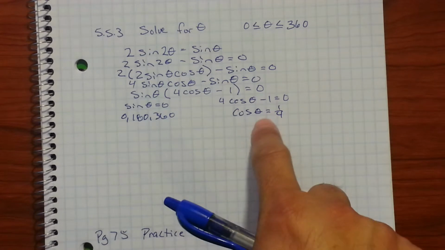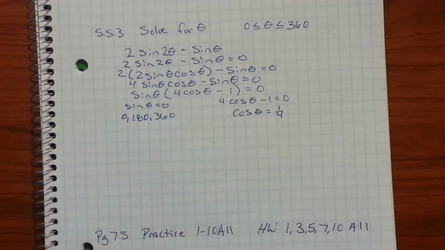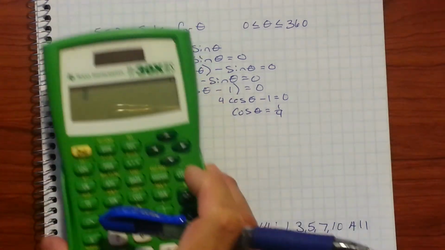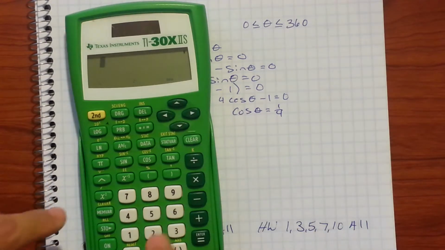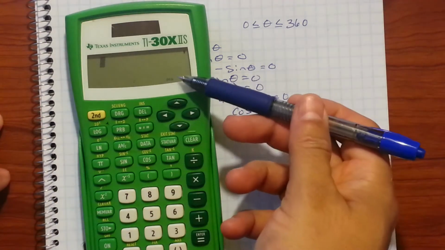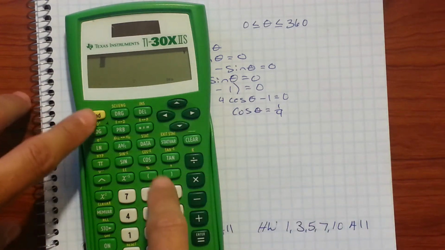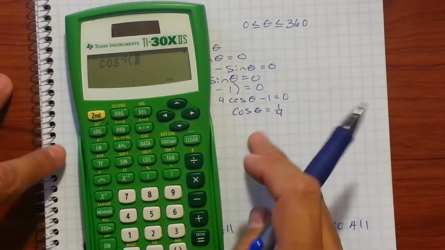Now, for the cosine value, I'm going to have to use the inverse function on my calculator. So make sure it's in degree mode. I'm in degree here. So second cosine.